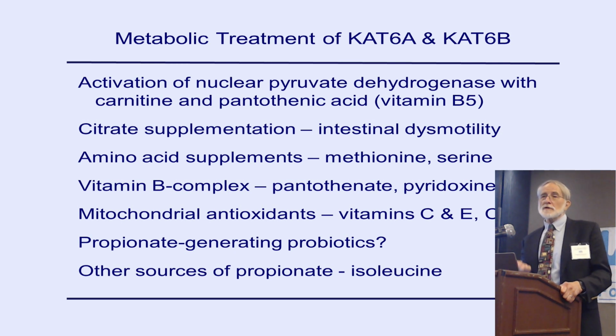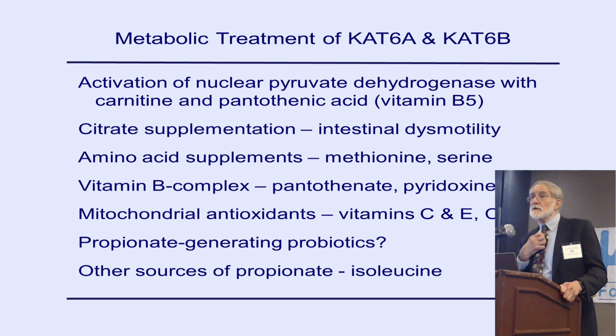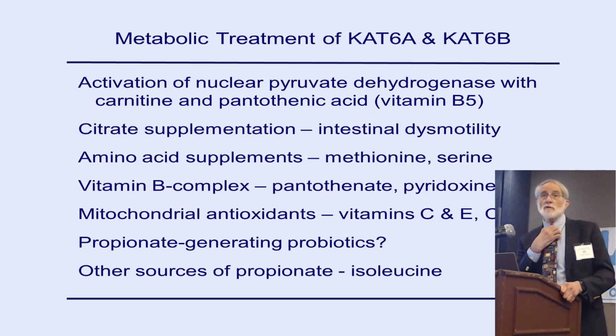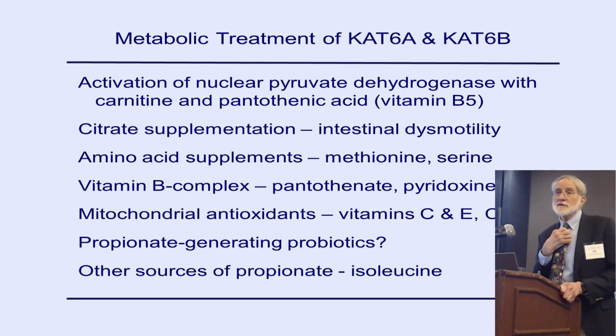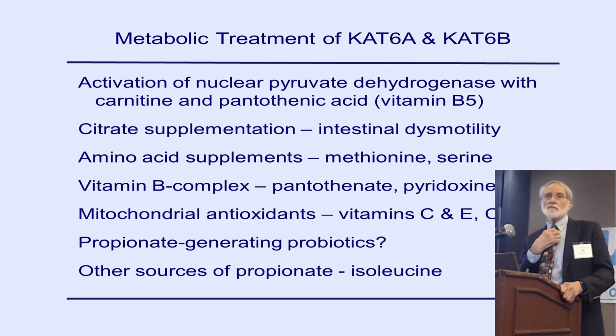And it works very rapidly, and that's why some of the parents here have seen changes almost overnight when you start carnitine, and especially carnitine, but pantothenic acid augments the effect of carnitine.